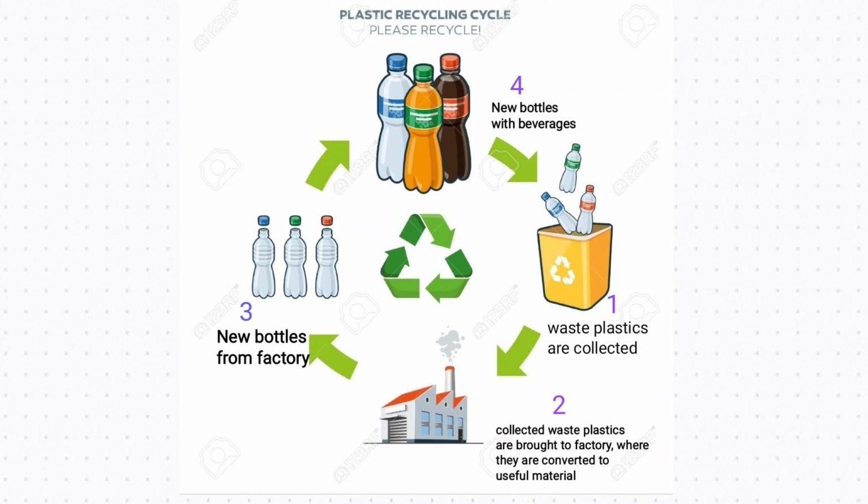Second, the collected plastic waste is brought to factory, where it is converted to new useful material. In the factory, new bottles are made from old waste bottles. So by recycling, new useful materials or objects are made from old and waste plastic materials.